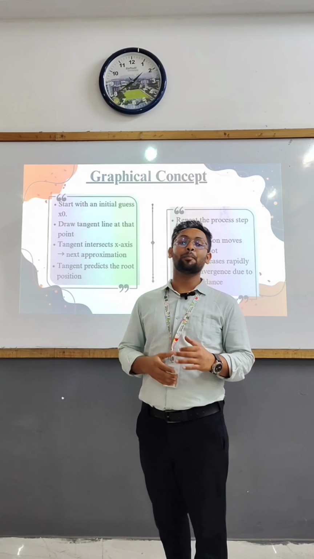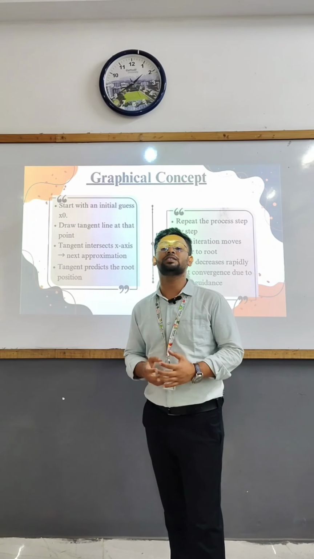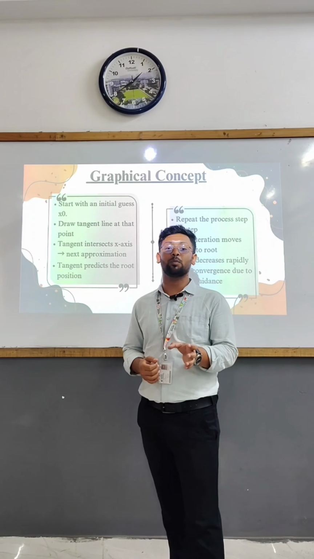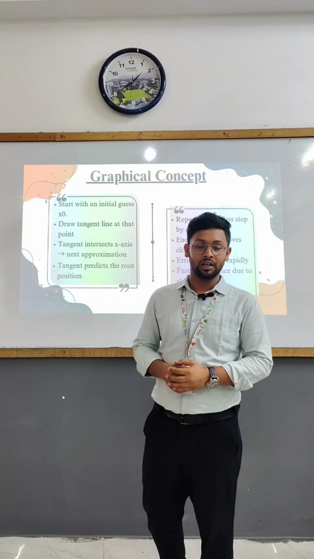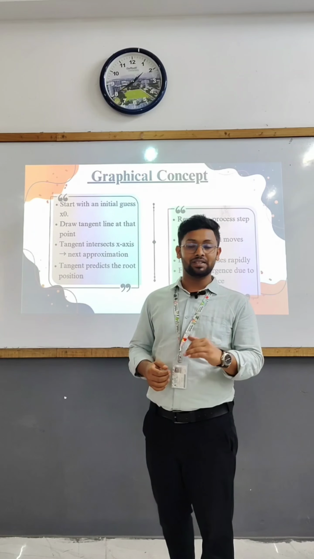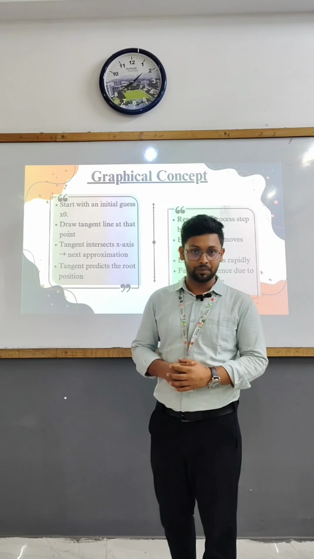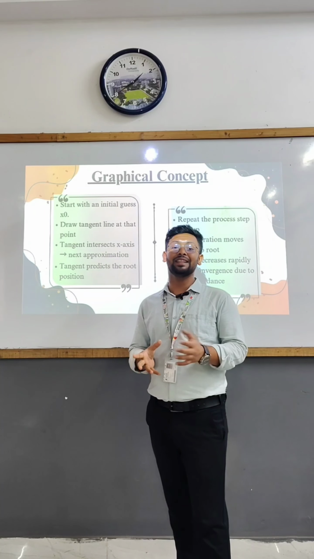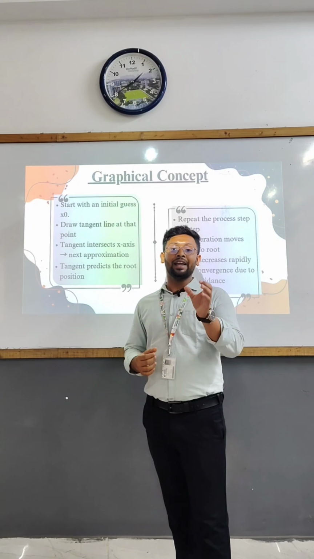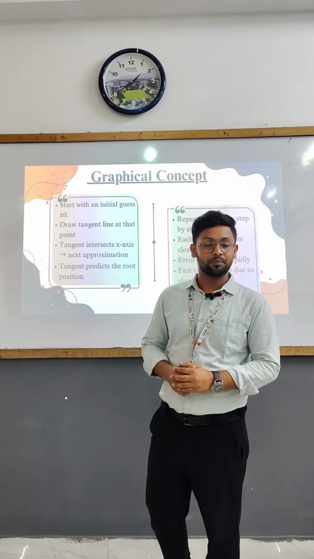Now let's understand the main idea of Newton-Raphson method in a simple way. The Newton-Raphson method depends on the concept of tangent line from calculus. Instead of randomly guessing, we improve our guess step by step by using a geometrical concept. First we choose an initial x naught, a starting point close to the root.